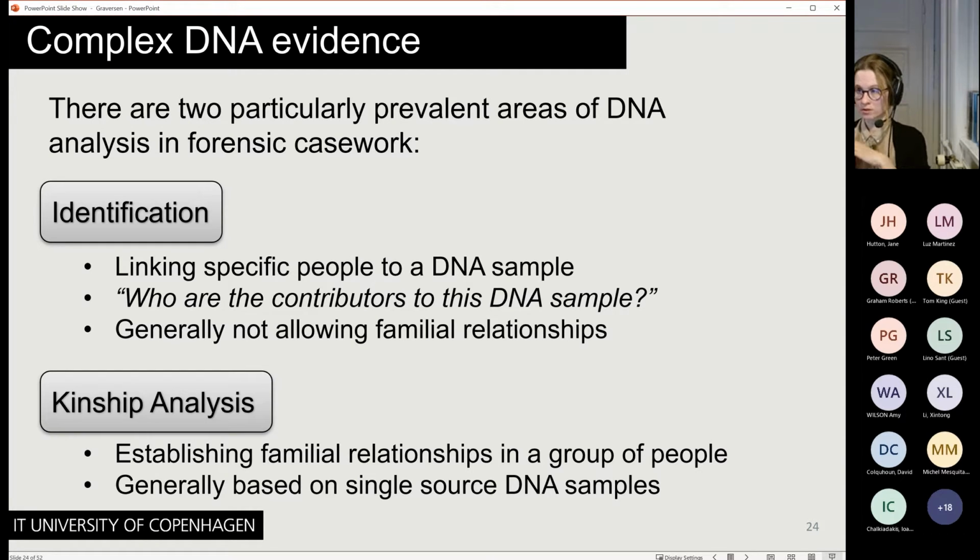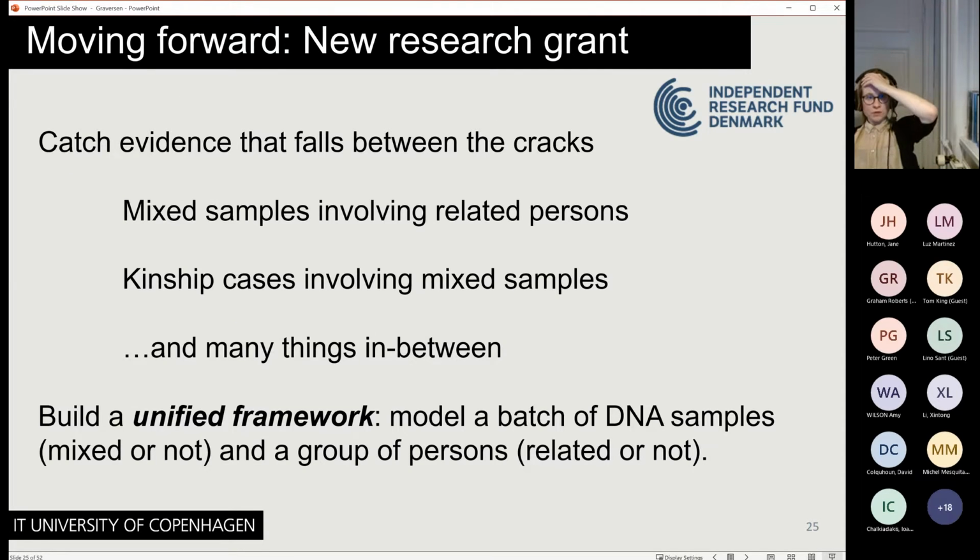So if you go to your forensic science provider, chances are they have a piece of software that does familial relationships, probably some legacy software that will die out in the next update of your server, and then some single source DNA samples that can be processed. So you can probably see where this is going. We kind of want to catch evidence that falls between these cracks.